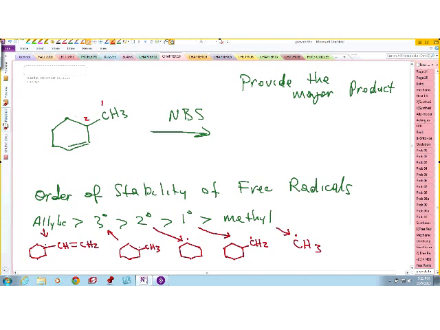Let's say position 1, 2, 3, 4, 5, 6, 7. This is just for the purpose of this discussion. What will be the major product of this reaction?